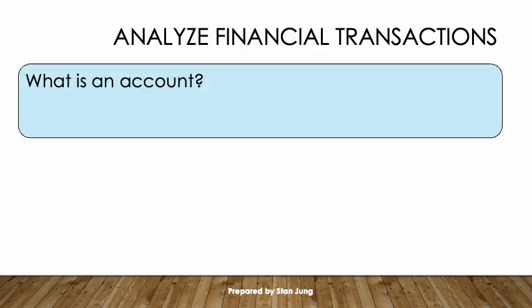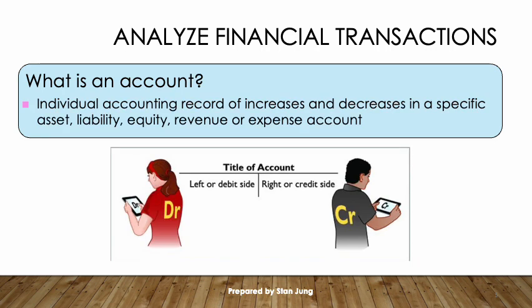Earlier in the introduction, we talked about the chart of accounts, and I'm just going to go back to that for a second as a reminder. An account is an individual accounting record of increases and decreases in a specific item, whether it's cash, accounts payable, or equity.